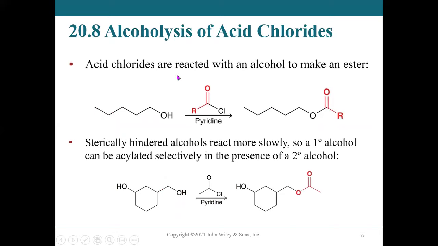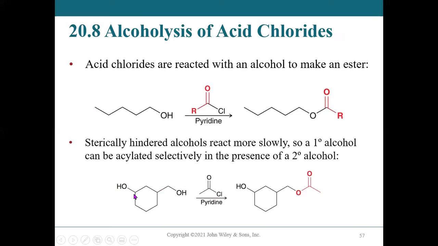Acid chlorides are reacted with an alcohol to make an ester. For example, here is an alcohol and an acid chloride. Sterically hindered alcohol reacts more slowly, so the primary alcohol can be acylated selectively in the presence of a secondary alcohol.